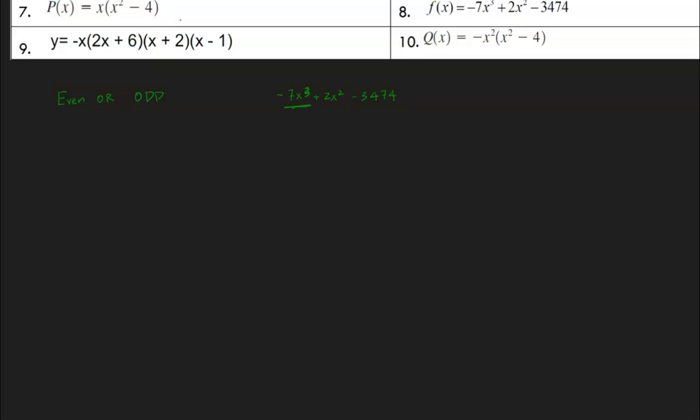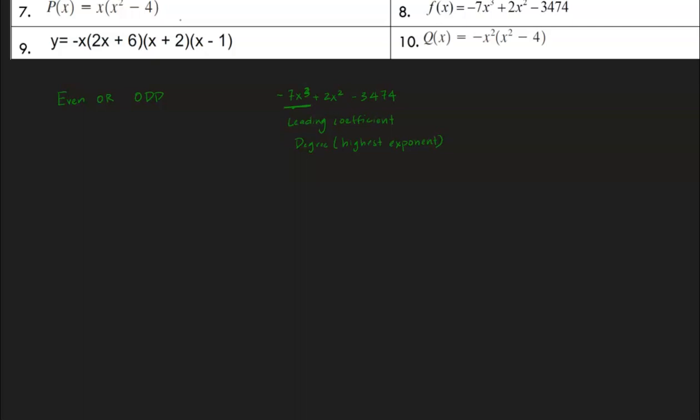You need the leading coefficient, and you need the degree or the highest exponent. Leading coefficient and the highest exponent. Then you will figure out if it's even or odd.